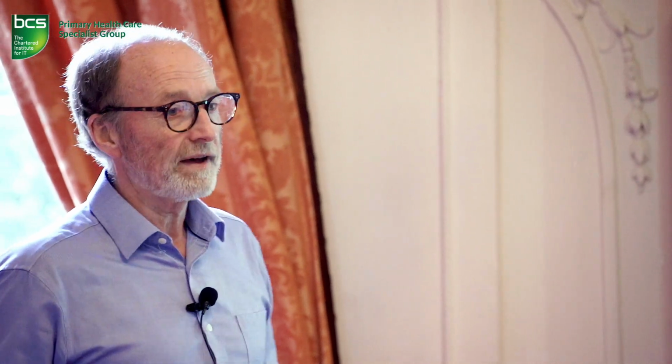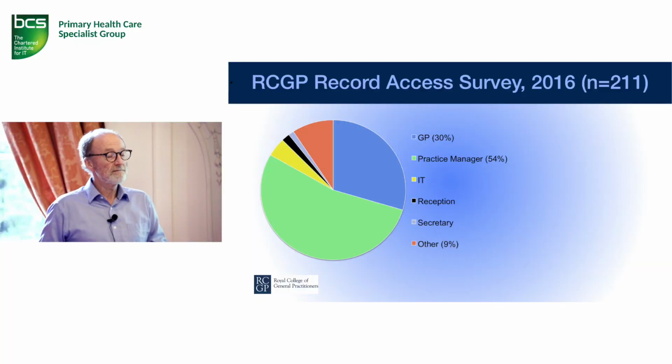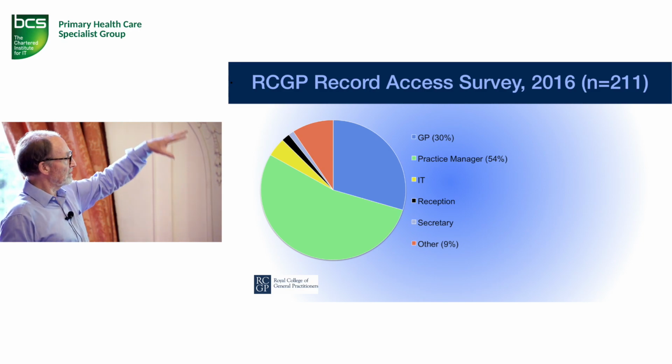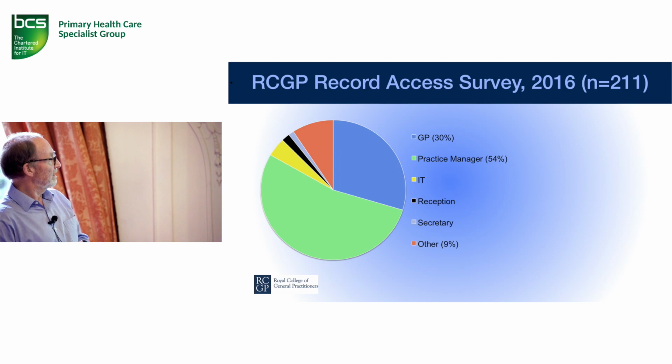So we did a little survey. This was last summer. And it's more qualitative than quantitative. To be honest, it wasn't very thorough. We basically put up a Survey Monkey, circulated it to the normal people connected to the college and said, if you're thinking about online or if you're doing online, why would you recommend it to patients? And we got 211 replies, which broke down in this way.